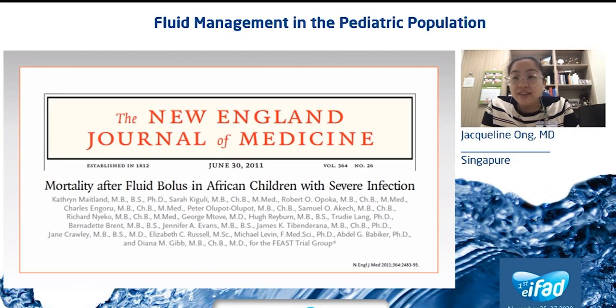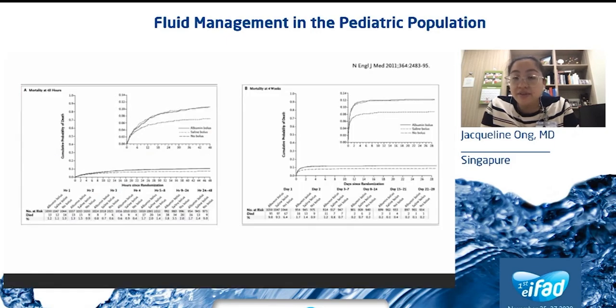Of course, why this generated so much controversy is encompassed in these two Kaplan-Meier graphs. It showed that both at 48 hours and with a persistent effect at 4 weeks, children who were receiving bolus therapy in the form of either saline or albumin had a worsening outcome; the mortality was increased, and this effect persisted at 4 weeks.